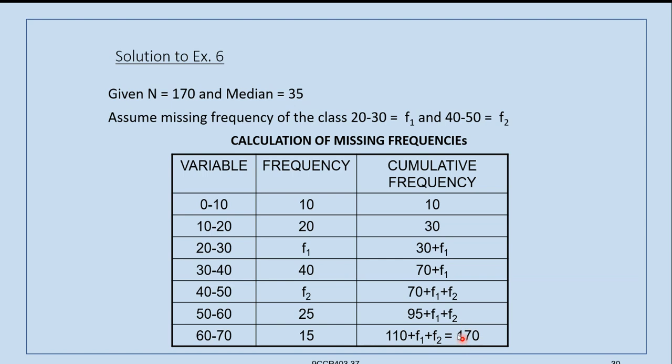So this is n, and n by 2 is 170 by 2, that is 85.